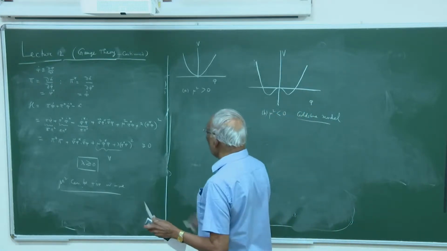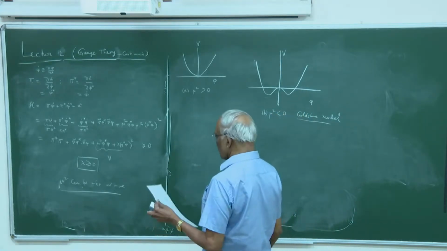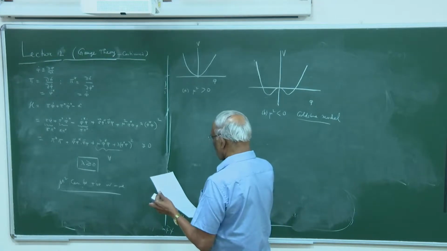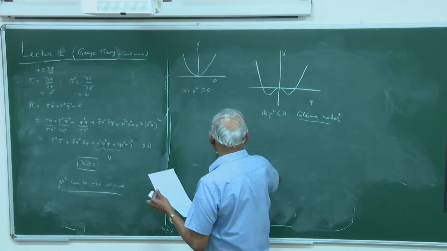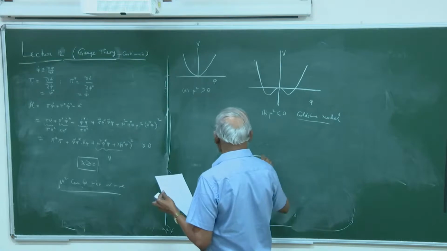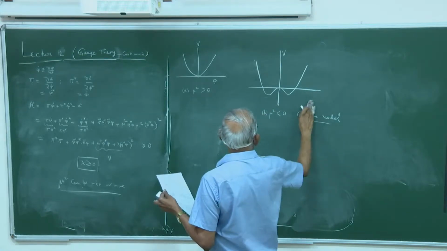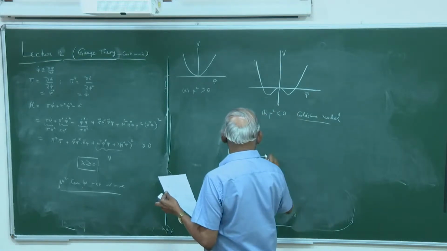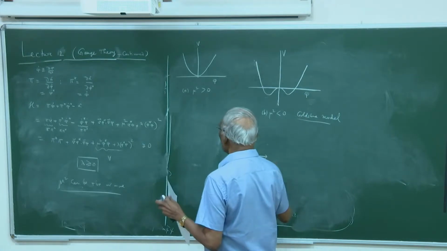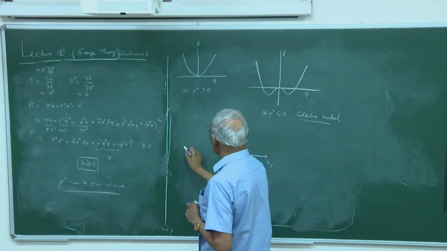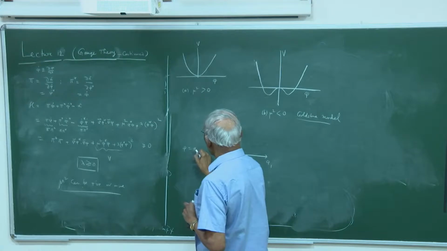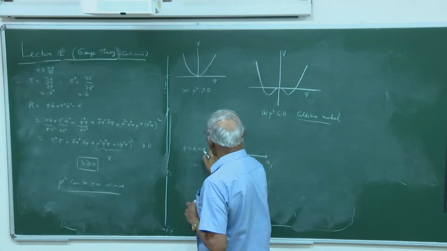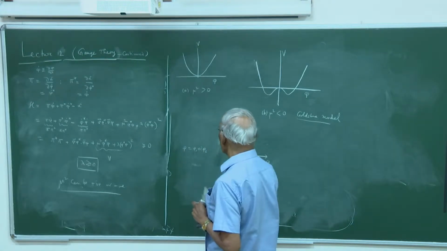For that, let me go back to the case where phi is complex. Then phi is not a single axis. Let me write phi as phi 1 plus i phi 2. We can rewrite the Lagrangian in terms of phi 1 and phi 2.